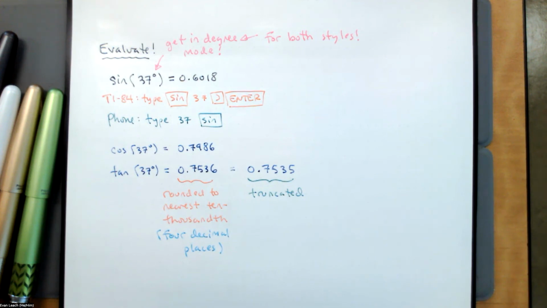We don't want to say the nearest because the nearest 10,000th is the 6. But if you just truncate your answers, I usually find those acceptable as well.